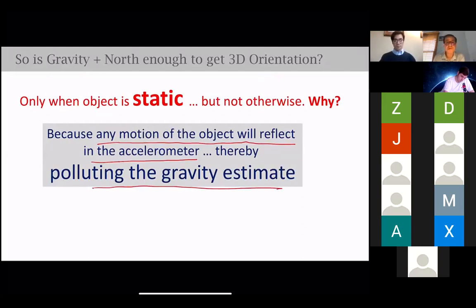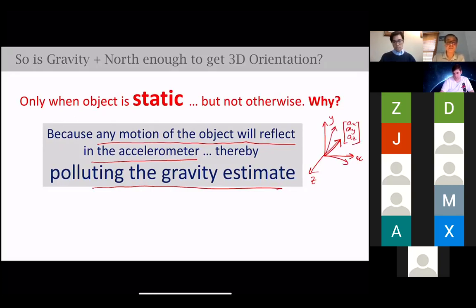Because everything will be a vector sum. Essentially, this is your x, y, and z. This is the vector that you're measuring, your ax, ay, az vector. And this ax, ay, az vector is essentially the sum of two vectors.